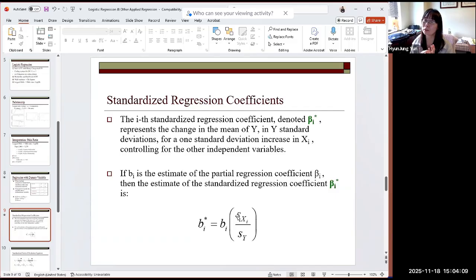Your purpose of the research is that among age, education, and level of socioeconomic status, which matter more for voting choice or policy approval issues? Then you actually force the slope for each of those independent variables to be standardized.